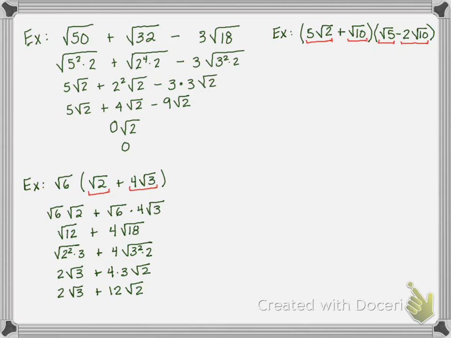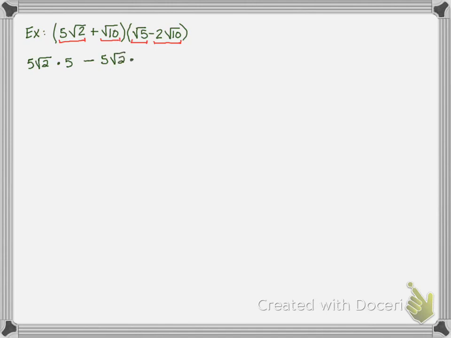I feel like I didn't give myself enough space, so I'm just going to take this guy and move him. Okay, so first we're multiplying 5 times the square root of 2 times 5. And then 5 times the square root of 2 times negative 2 root 10. So a positive times a negative is going to be a negative.